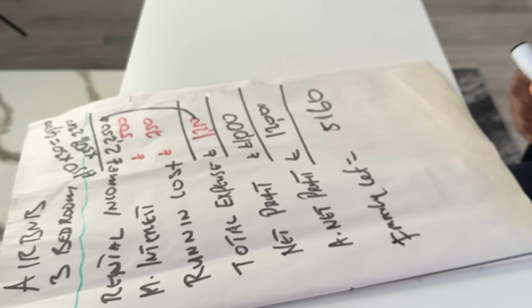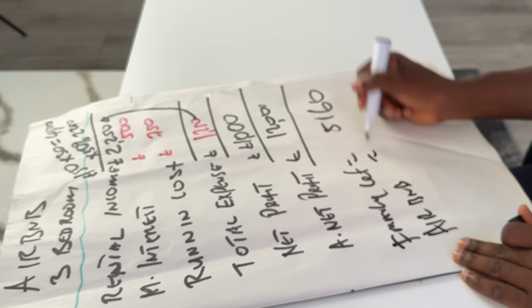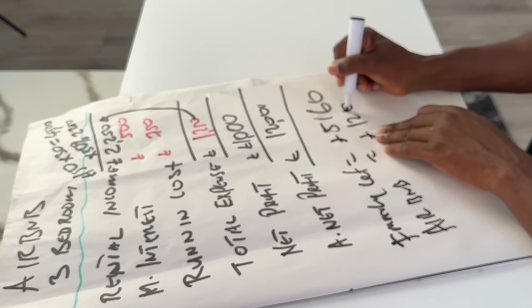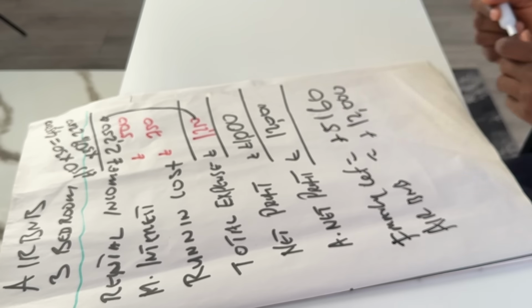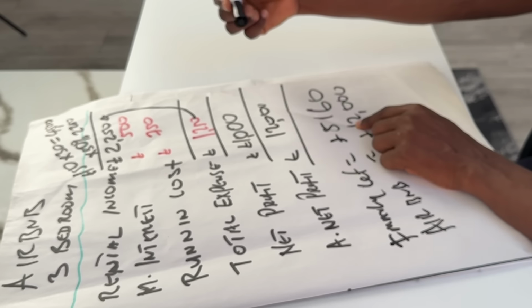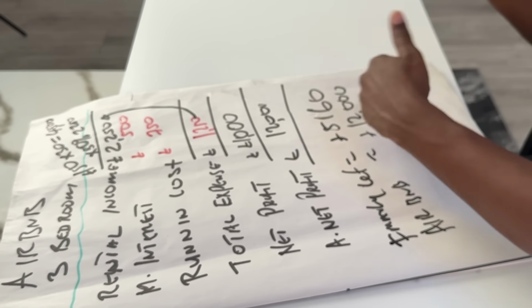So if you do it as Airbnb, at 50% occupancy rate, we're making £12,000. So as you can see here, we're making almost more than double the net profit as a serviced accommodation than if we were to rent it to a family.